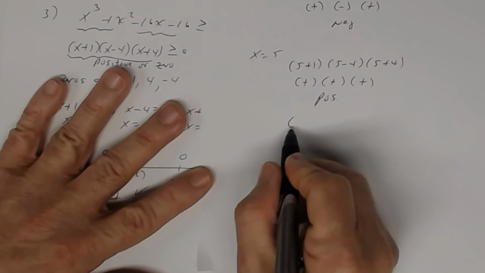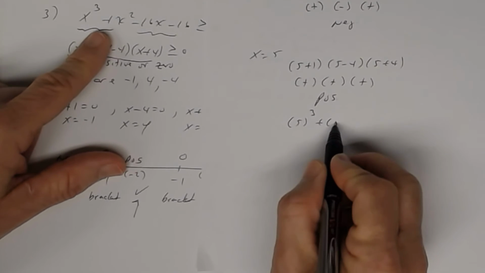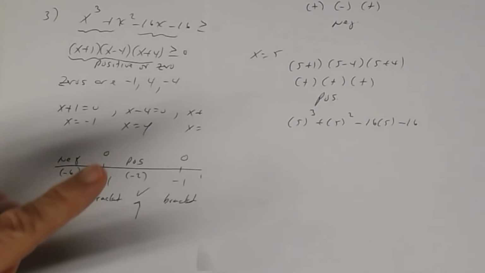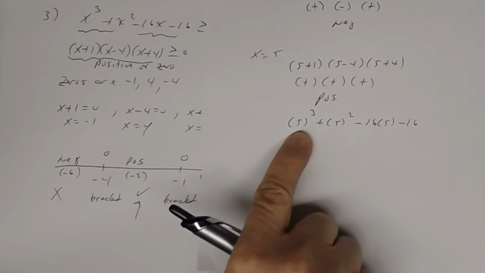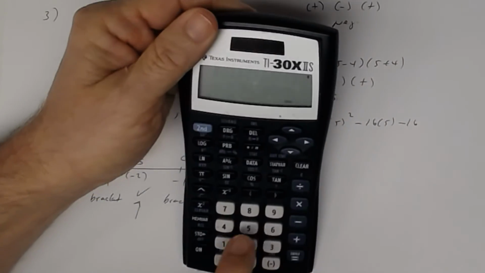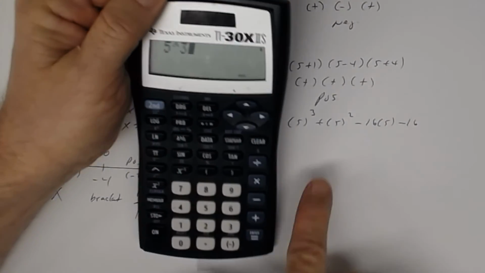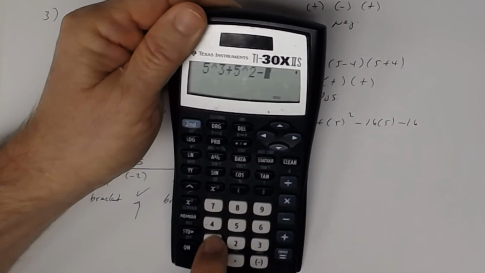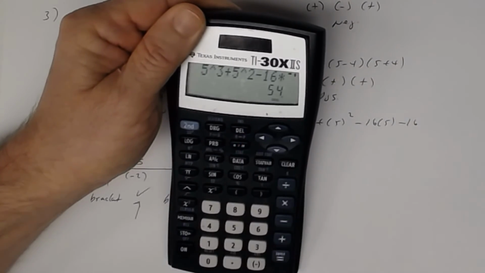So watch. If you use the original, you would say 5 cubed plus 5 squared minus 16 times 5 minus 16. Now, I put in parentheses, but since 5 is positive, it wasn't needed. So 5 cubed plus 5 squared, minus 16 times 5 minus 16 equals positive 54.